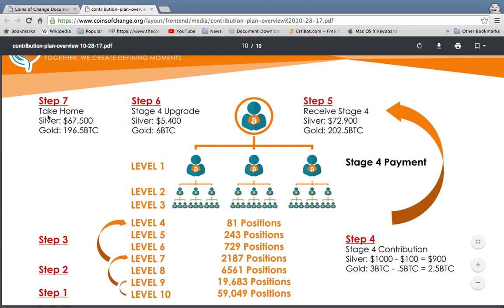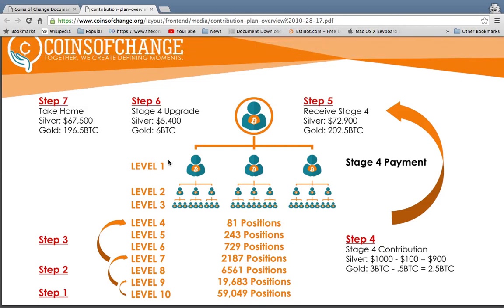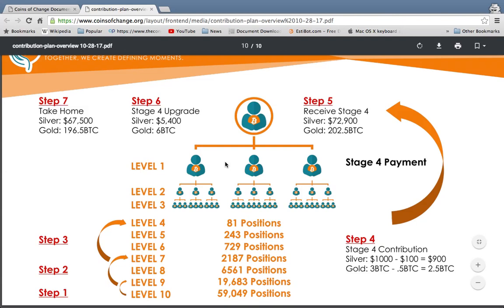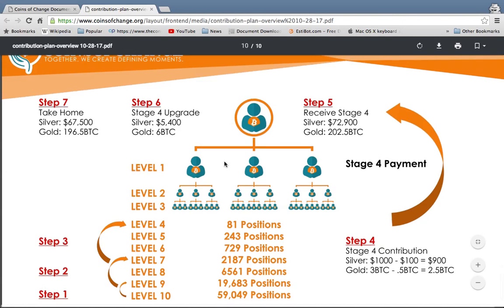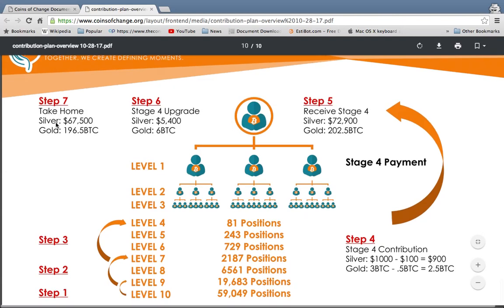So now your take home here at this point is going to be 67,500 total. And in gold, it's going to be 196.5 Bitcoin. Substantial. Very substantial. And that's it.